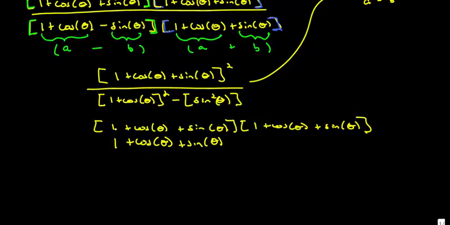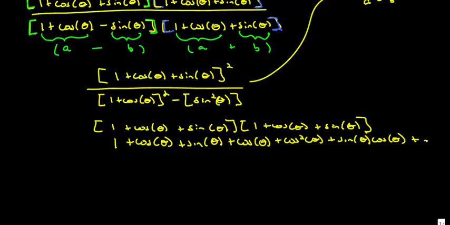That's basically 1 multiplied into each of these. Now I'm going to take cosine, put it into each of these. So plus cosine theta plus a cosine squared theta plus a sine theta cosine theta. Okay, now we'll do sine into each of these.